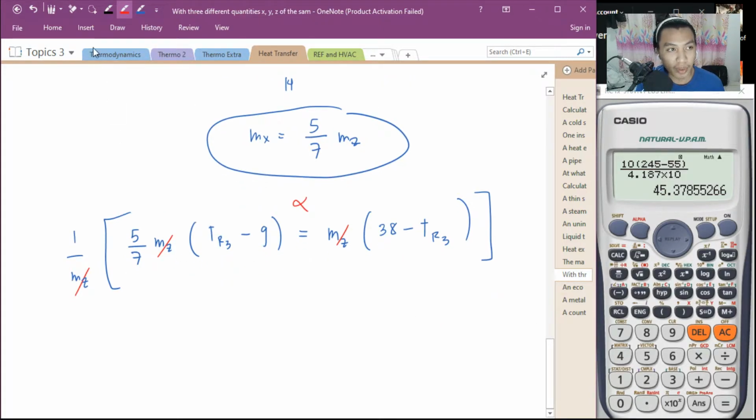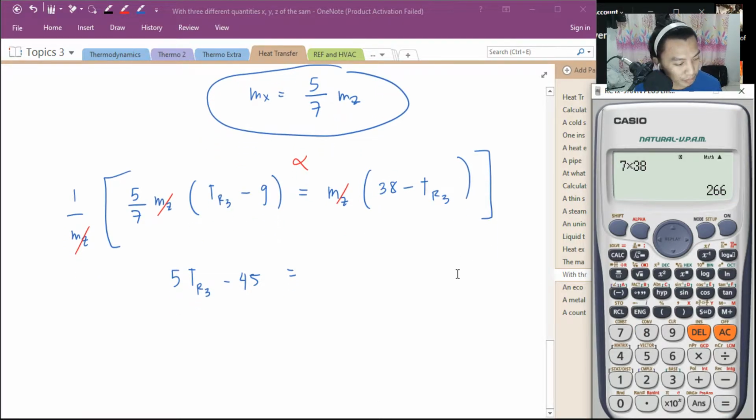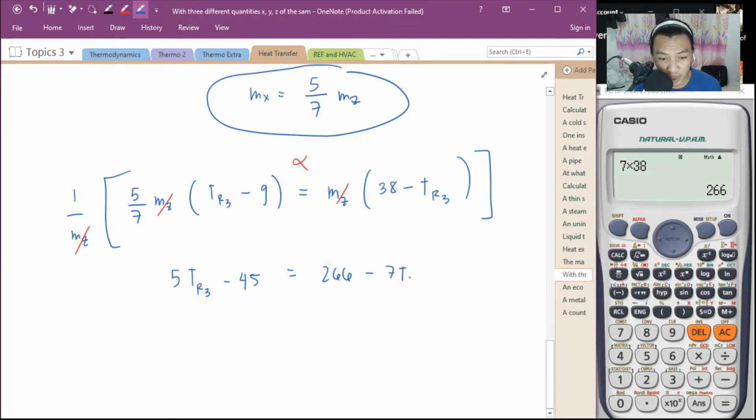Okay? So, simplify. 5 TR3 minus 45 equal to 7 times 38. 7 times 38, that is 266, minus 7 TR3. Okay?